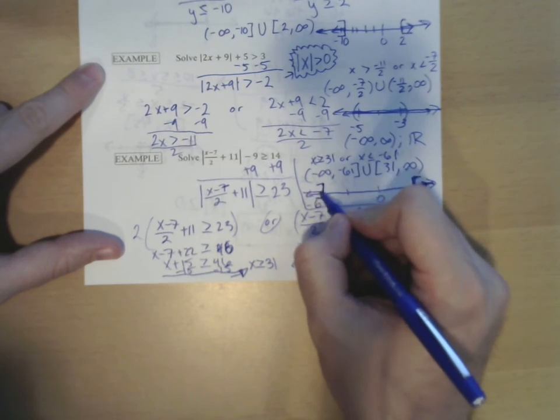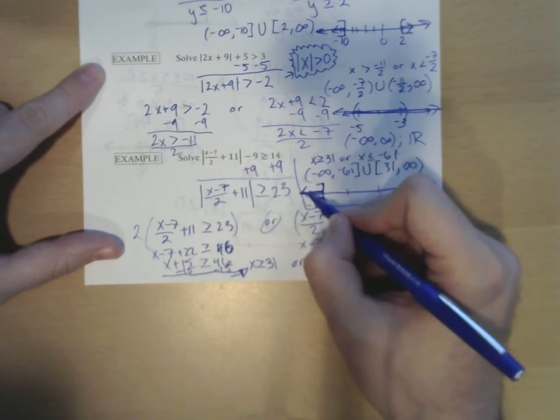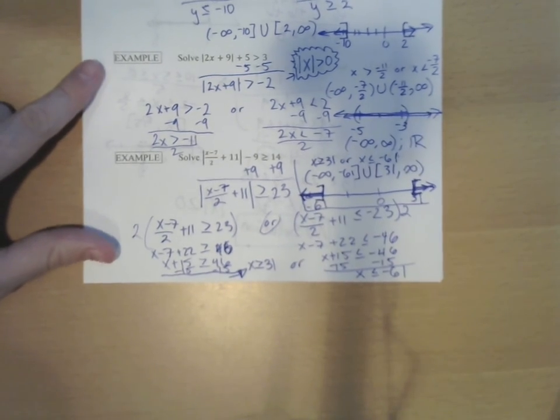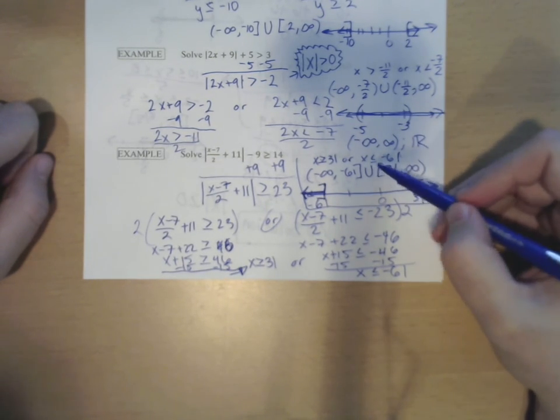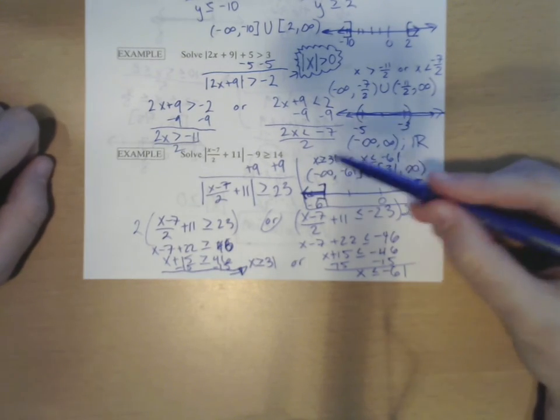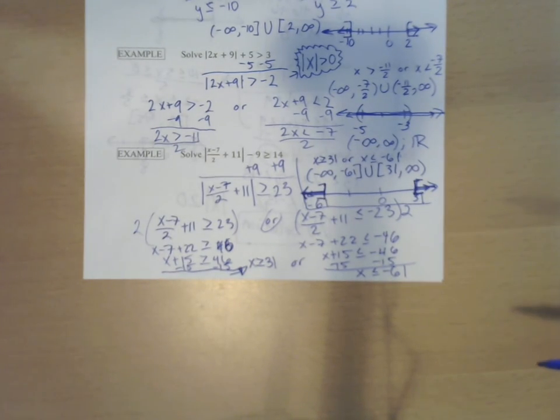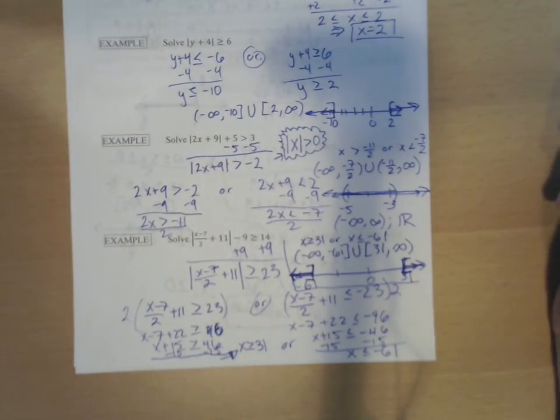This goes to the right, and this one goes to the left. And again, since it's a union, it's an or, we're allowed to have these untouching or disjoint intervals as solutions.